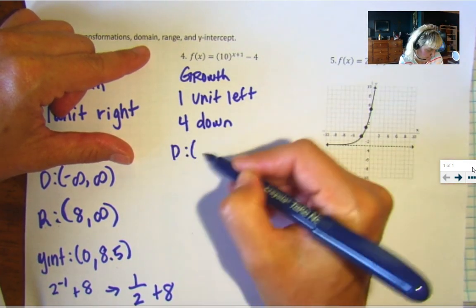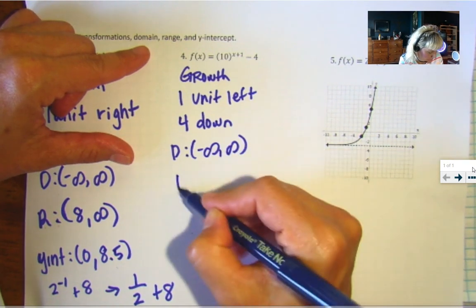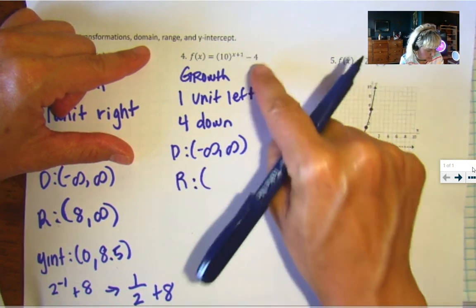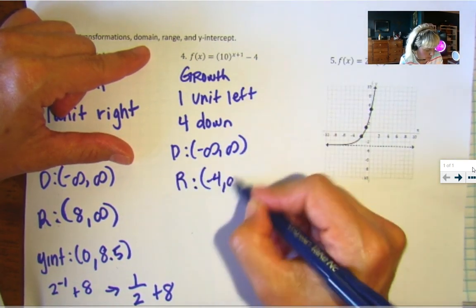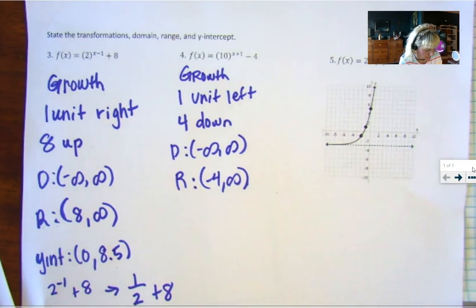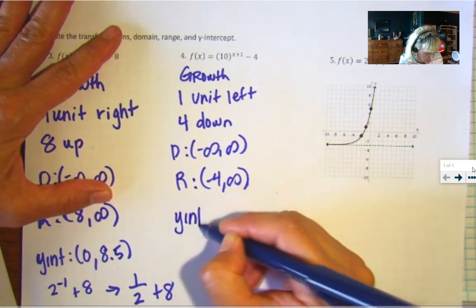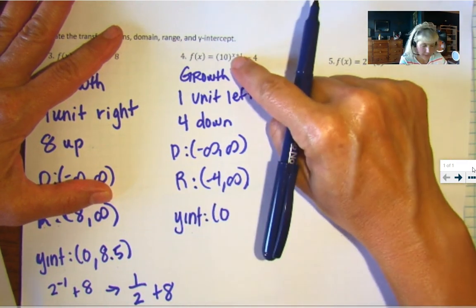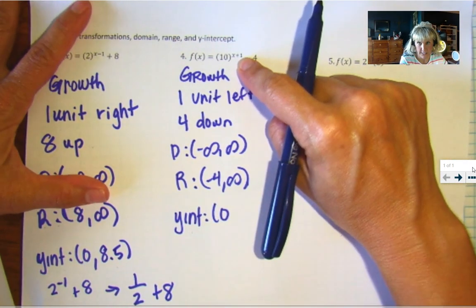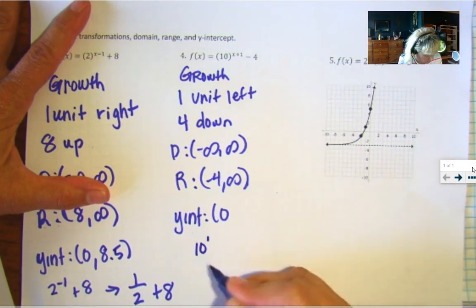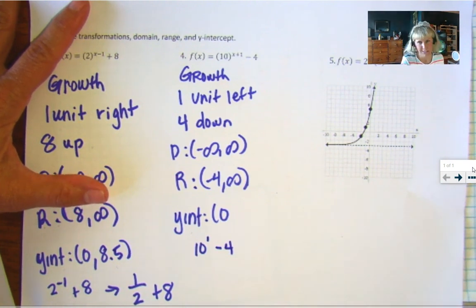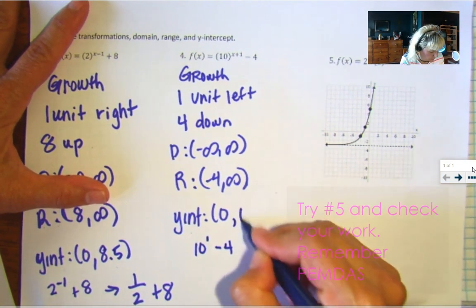Domain, negative to positive infinity. Range is going to be a negative 4 to positive infinity. And then let's go ahead and work on that y-intercept. So for the y-intercept, we're going to plug in 0 right there. So 0 plus 1, which is going to be a 6.